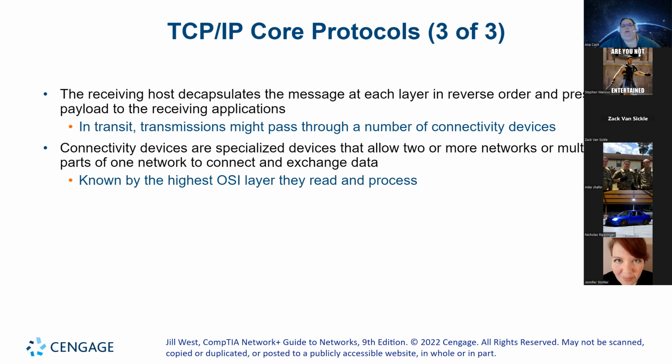In transit, transmission might pass through a number of connectivity devices. Connectivity devices are specialized devices that allow two or more networks or multiple parts of one network to connect and exchange data, and they're known by the highest OSI layer they read and process. That's how they list them, by the highest layer they read and process.